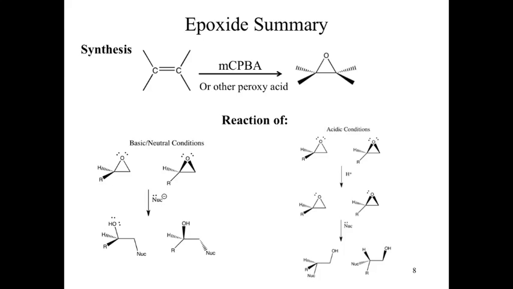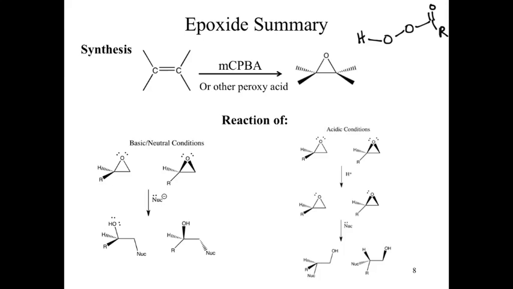What a peroxy acid is: there's your peroxy, and then to make it an acid we need the carbonyl, and we would need the hydrogen out there. That's a peroxy acid functional group, and we don't care what's out here, that's the rest of the name, the benzoic and metachloro, all that fun stuff.